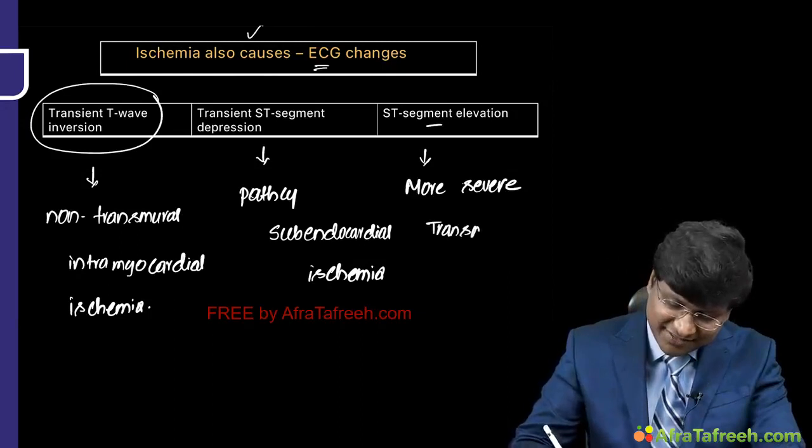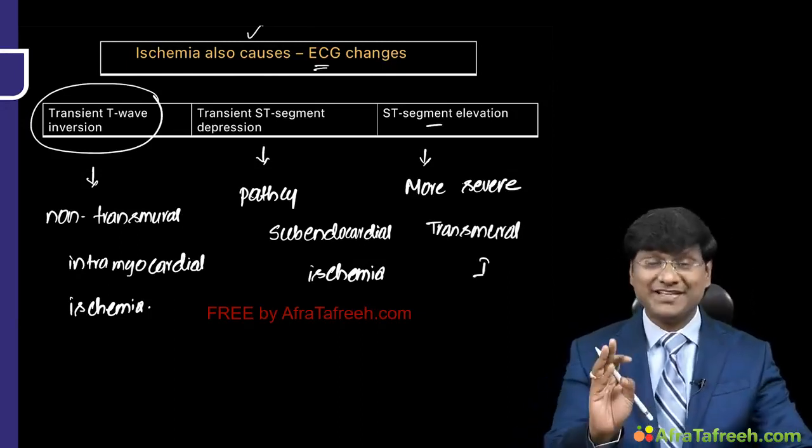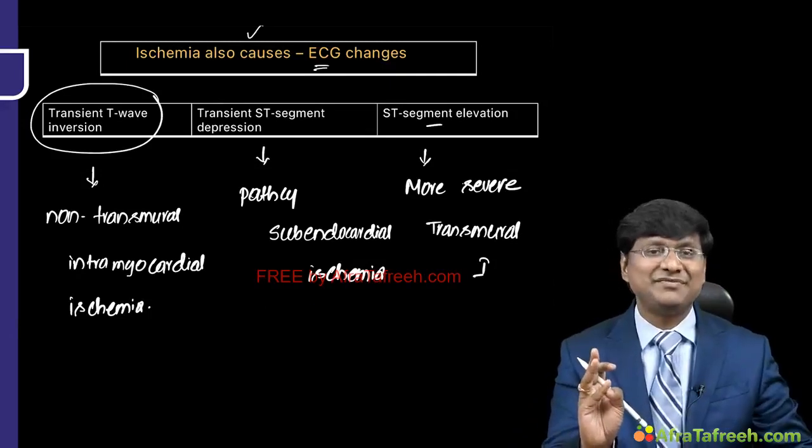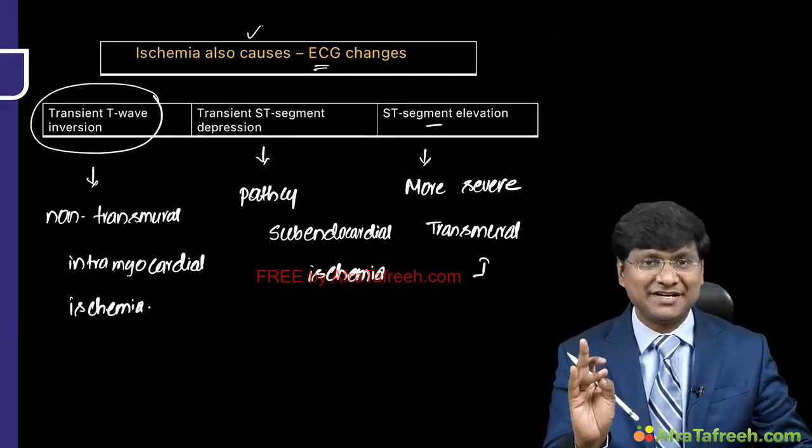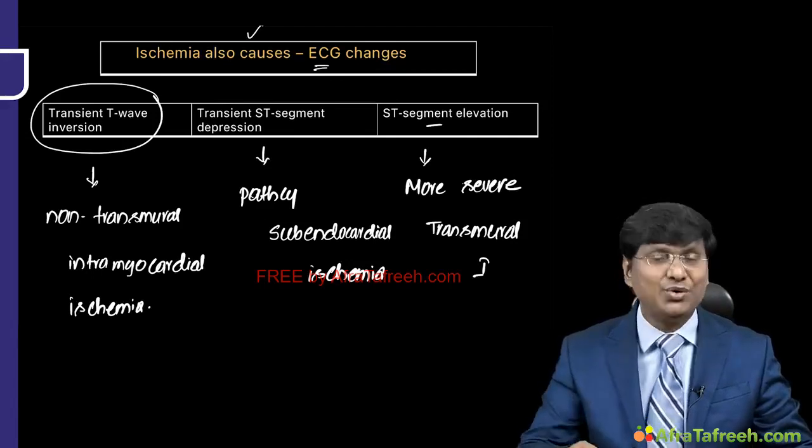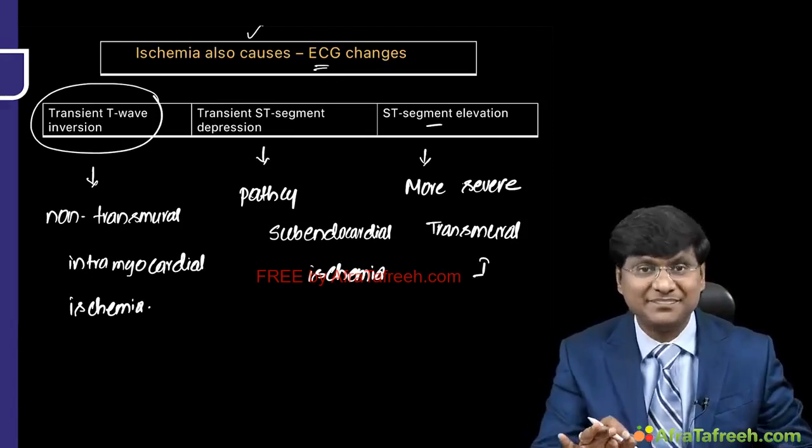So what transient T wave inversion, transient ST segment depression and ST segment elevation represent is what is given here.